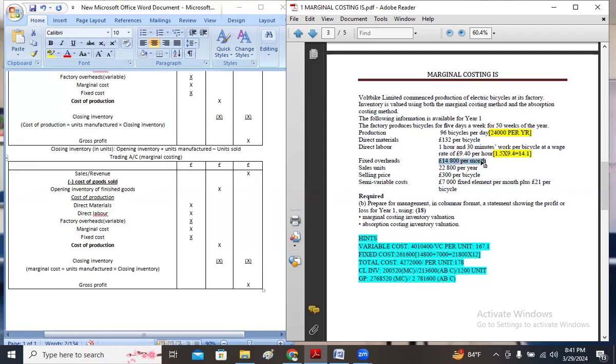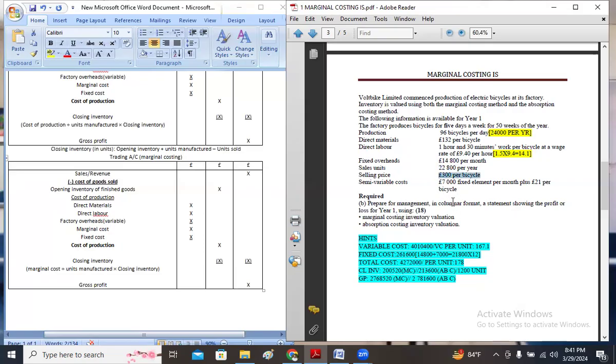Fixed overhead is 14,800 per month. That means there are 12 months, 14,800 multiplied by 12. Sales unit is 22,800 multiplied by the selling price of 300.